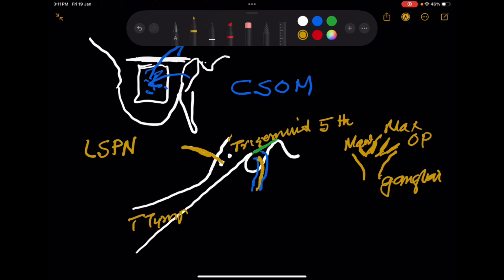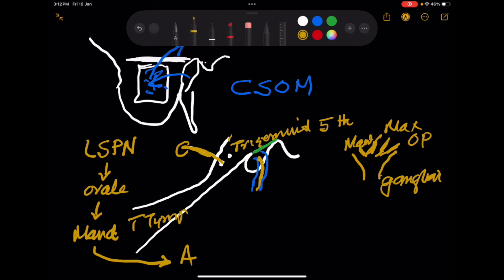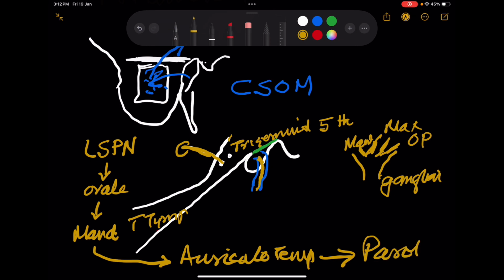Now this lesser superficial petrosal nerve passes through the foramen ovale, merges with the mandibular, goes into the auriculotemporal, and supplies the parotid gland.